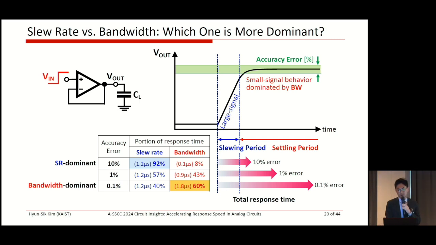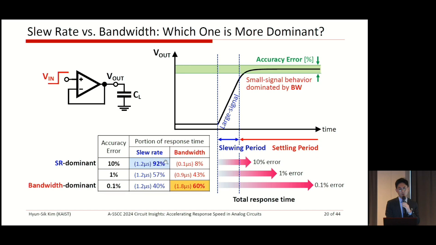This is the initial voltage, and this is our target voltage to be reached at the output. Depending on the settling accuracy, if the aim is just 10% error, then most of the response time, over 90%, is contributed by the slew rate.